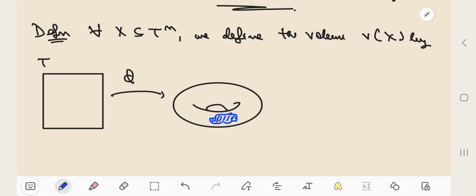So I map it back to the fundamental domain to get some sort of a region like this, and since this region lies inside the Euclidean space, I can talk about the volume of this inverse mapping of x. Every elementary figure might not have a well defined volume, but this might have a well defined volume.